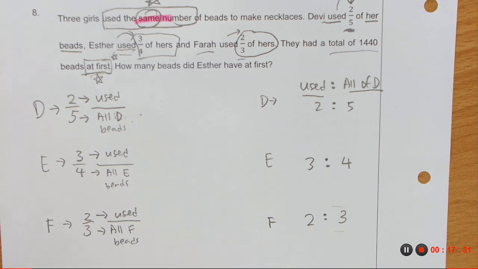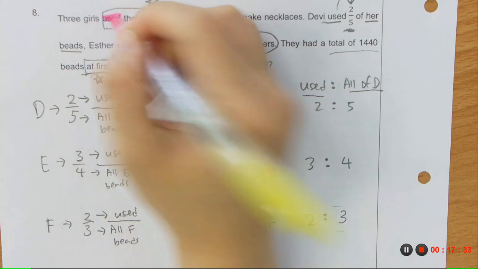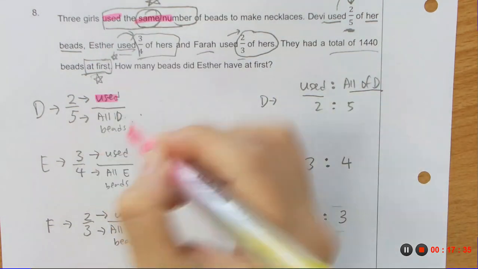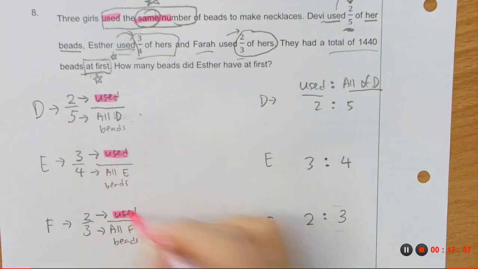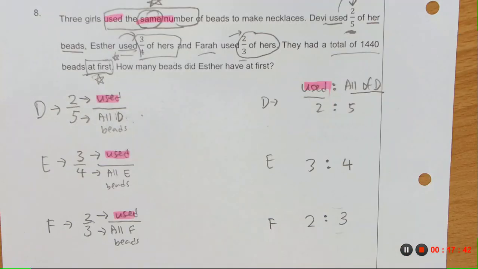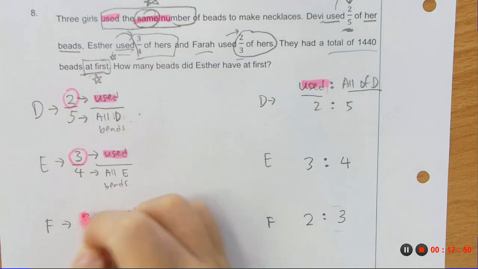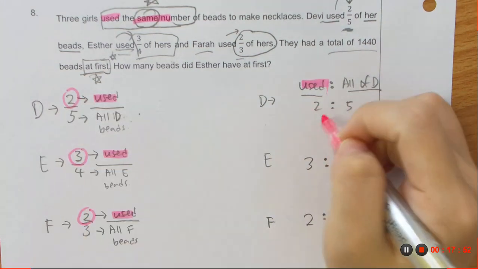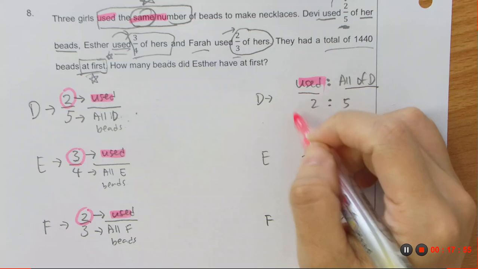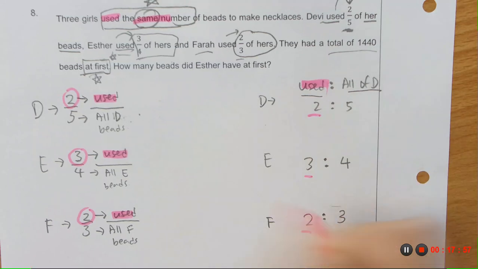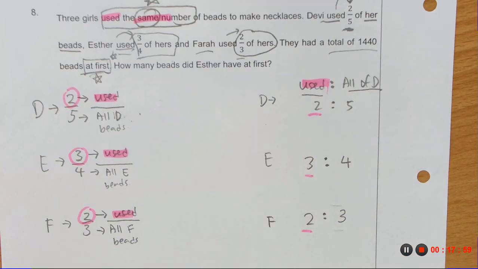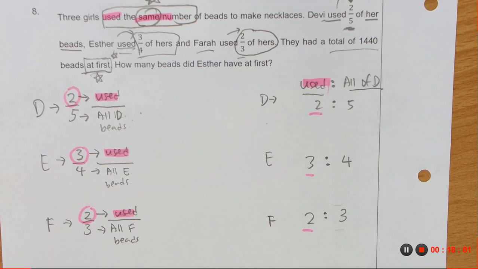They used the same. It means this whole row, the quantity should be the same. Meaning, all the numerators in this column of used should be the same. Can you suggest a common multiple?